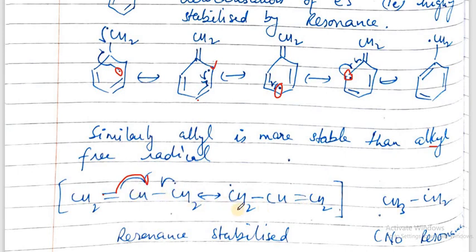So these are the two resonating structures of allyl. But in this, there is no resonance. Hyperconjugating structures are formed, but there is no resonance as compared to this. So allyl free radical is more stable. And this is all about carbanions and free radicals. Then next we will take up carbenes and nitrenes. So thank you.